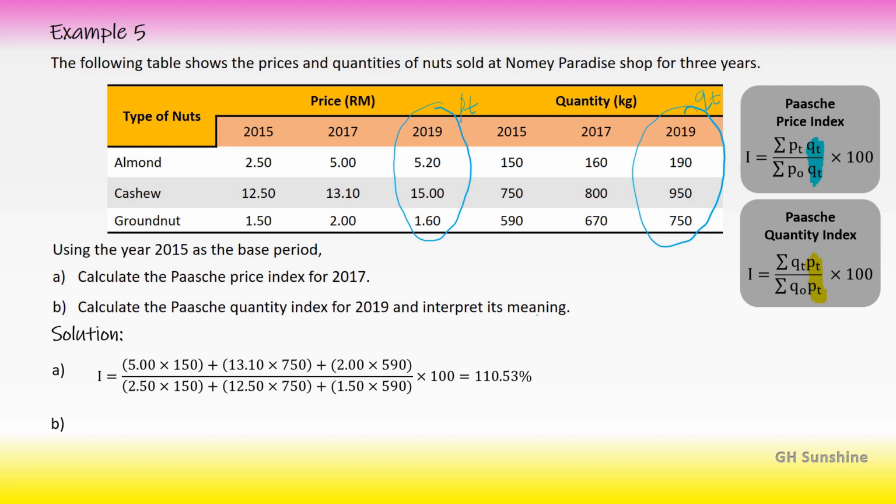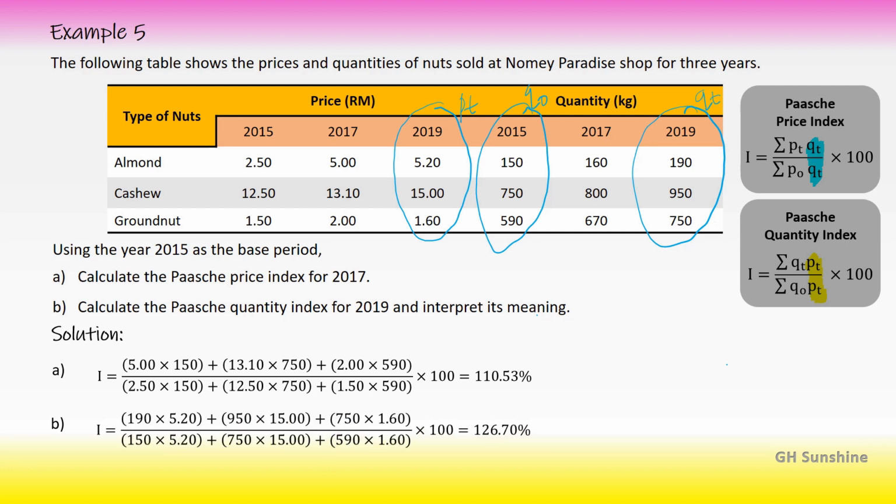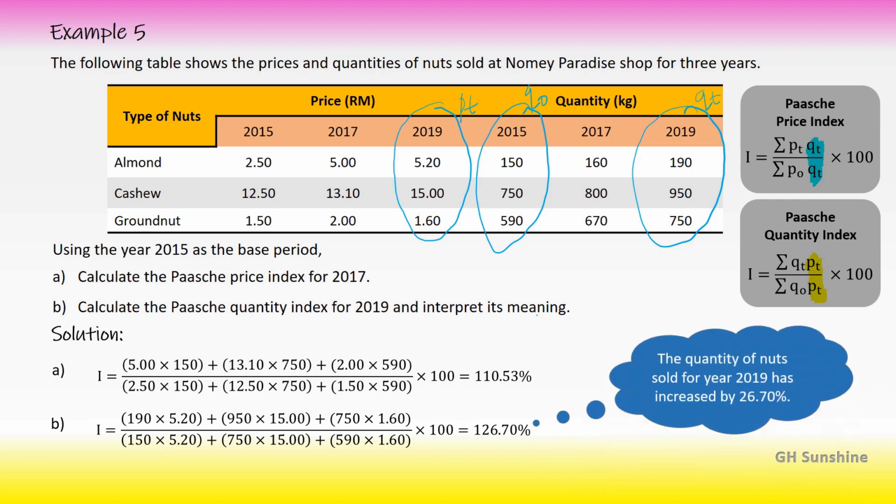Q naught is based on the base period which is 2015. So focus on these three columns. Substitute, and at the end, you got 126.70%. Then you need to give the comment based on the value obtained.